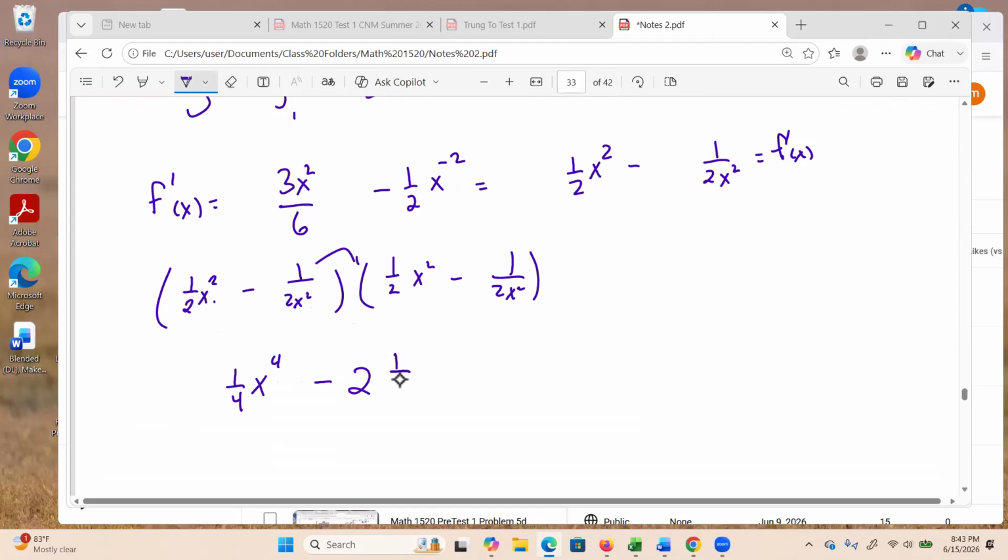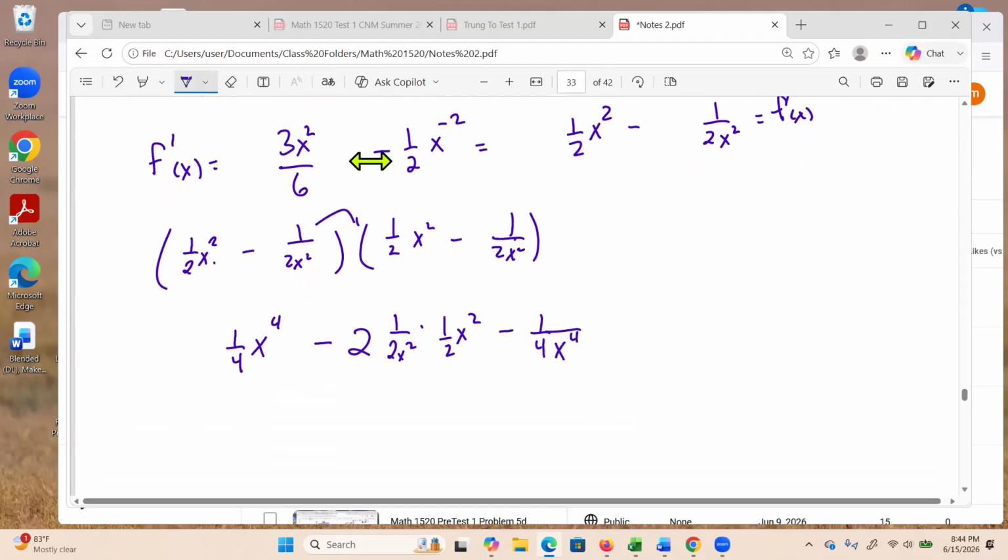This is 1 over 2x squared times 1 over 2x squared. So some things are going to cancel, but not everything. All right. So minus, and then we have our last. So that's going to be half times a half, so we have 1/4, x squared times x squared, x to the 4th in the denominator.